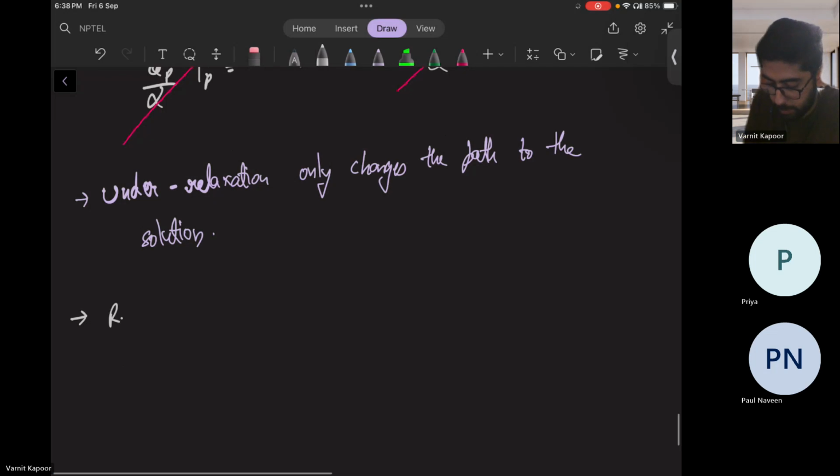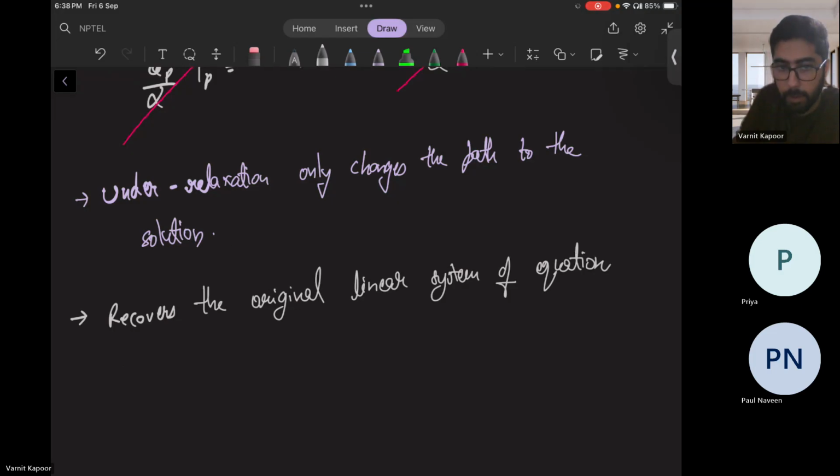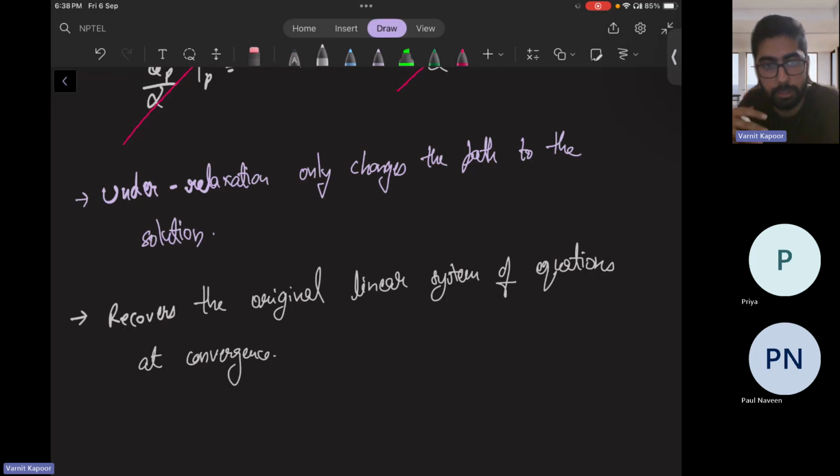Recover the original linear system of equations at convergence. And any relaxation scheme should satisfy this condition at convergence.